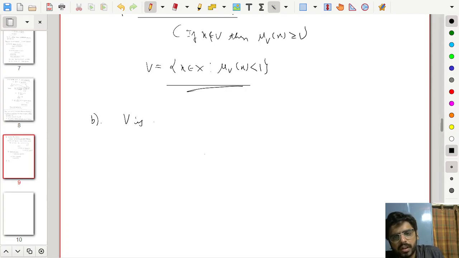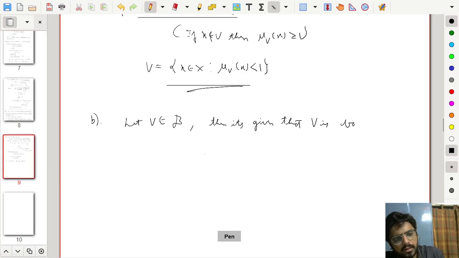Let V belong to B, then it's given that V is balanced and convex, and every neighborhood of 0 is known to be absorbing, right? We have already proved that. Balanced, convex and absorbing. Balanced and convex is given, and we know that V is absorbing.